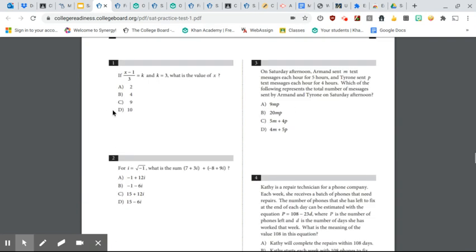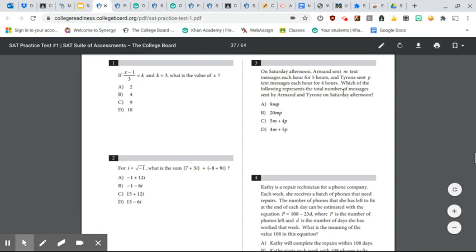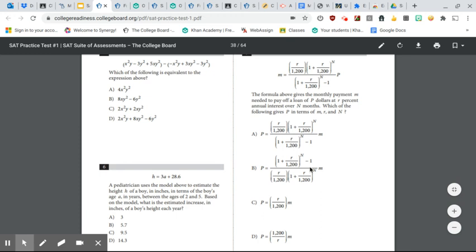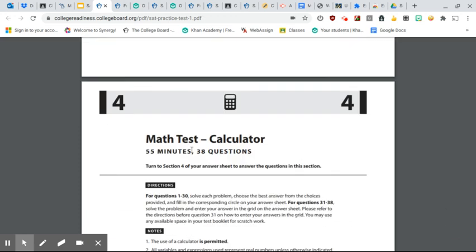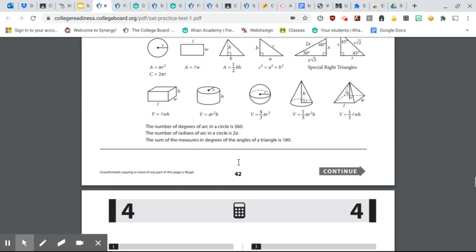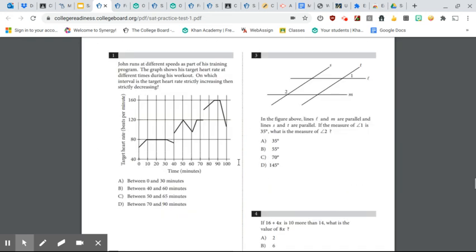If you noticed, here's your question and then your multiple choice. Here are some of the more comprehensive problem solving type of questions. After you go through section 3, here's the calculator portion of the test, which is a little bit longer, 55 minutes, 38 questions. Same kind of layout.